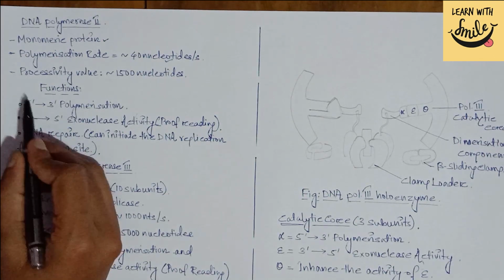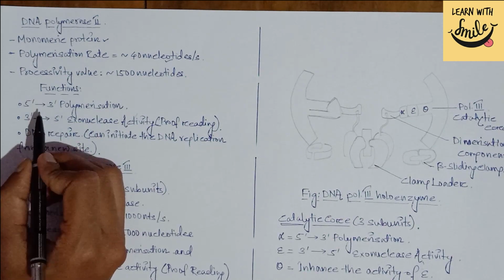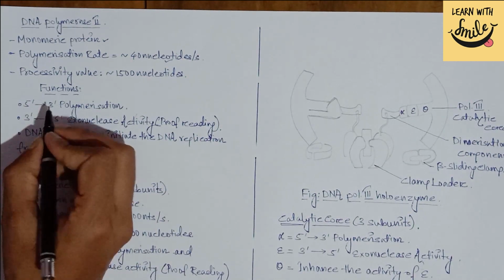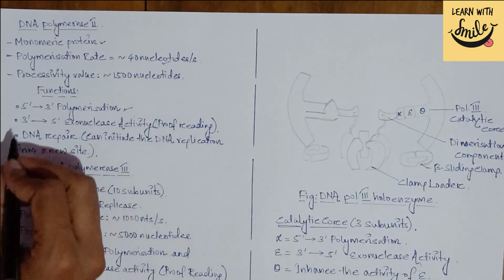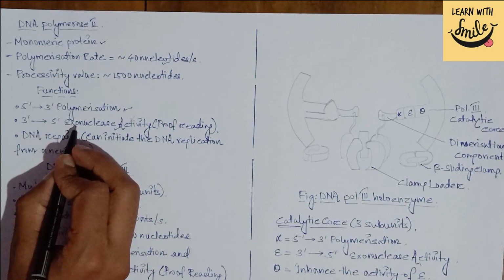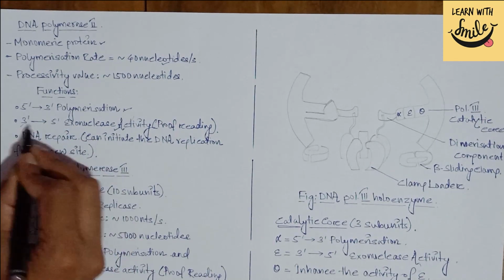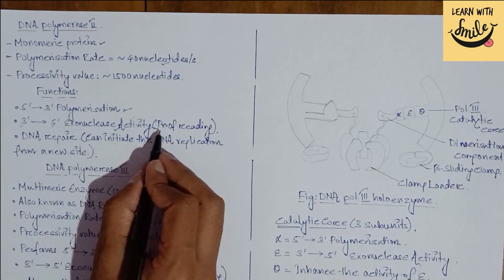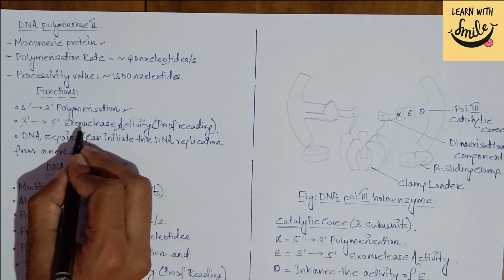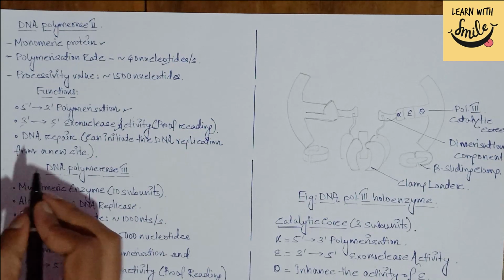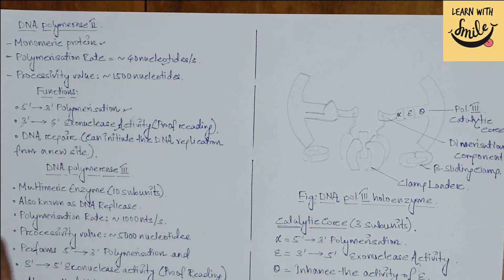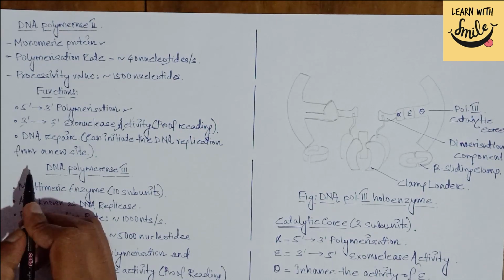Now, looking at other functions of DNA polymerase 2, it performs 5' to 3' polymerization and 3' to 5' exonuclease activity, and this exonuclease activity, which occurs in the 3' to 5' direction, is always for proofreading or error correction, and the exonuclease activity that occurs in the 5' to 3' direction is always for primer removal, as is the case in DNA polymerase 1.